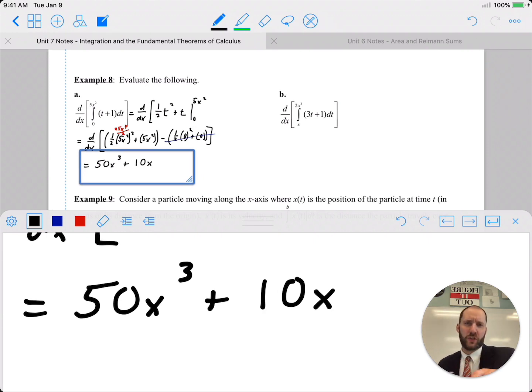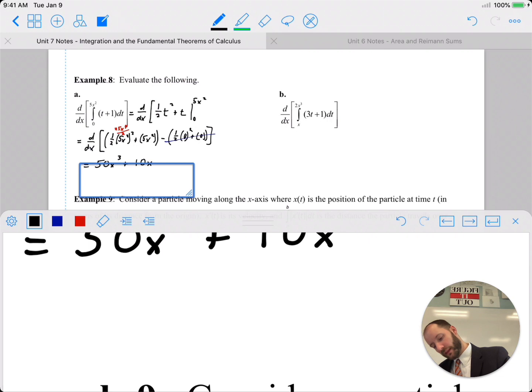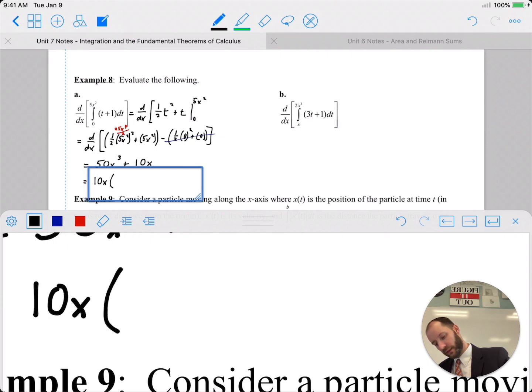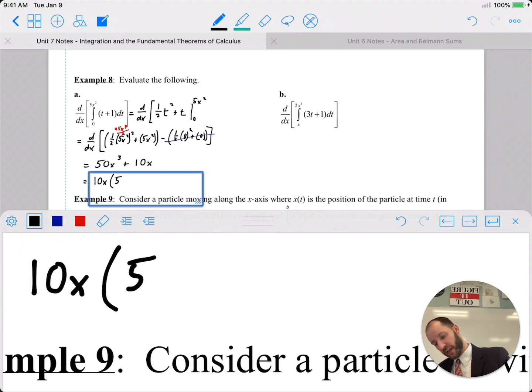Now that answer, 50x cubed plus 10x, is kind of different than what we started with, t plus 1. Now get ready for the math magic, okay? Let's factor out a 10x. That leaves us with 5x squared plus 1.